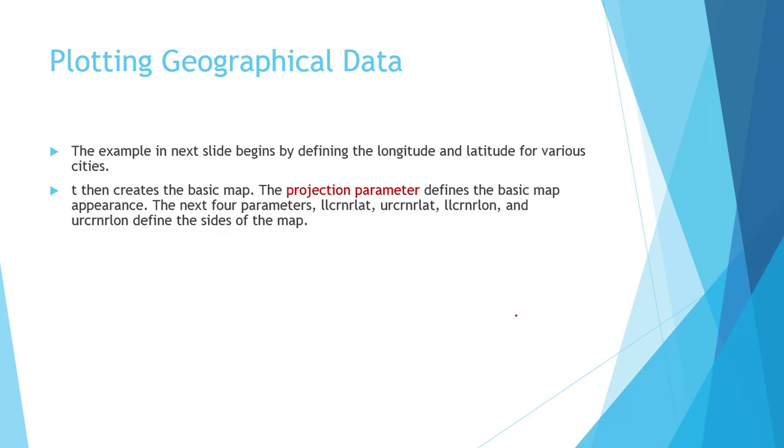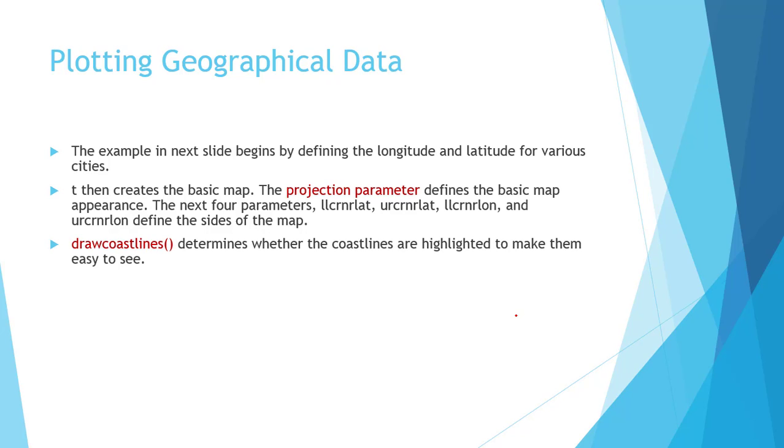In this example, the projection parameter is defined in the basic map appearance. The next four parameters, such as the latitude of the lower left corner, the latitude of the upper right corner, the longitude of the lower left corner, and the longitude of the upper right corner, define the size of the map.